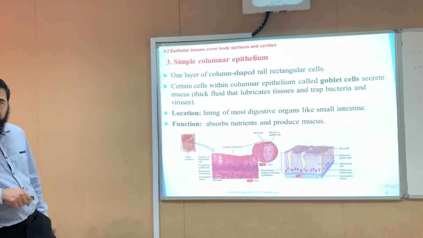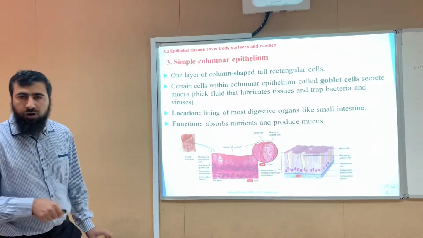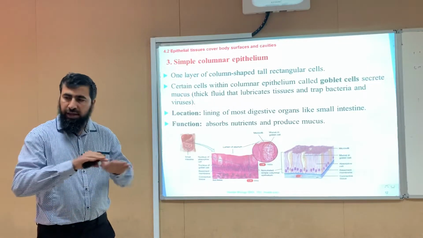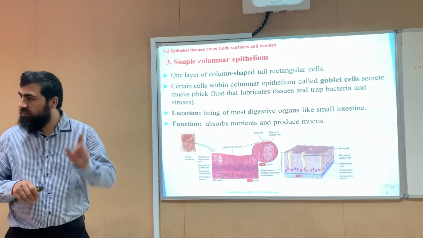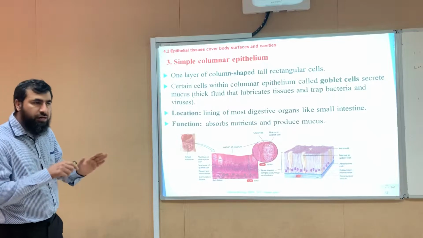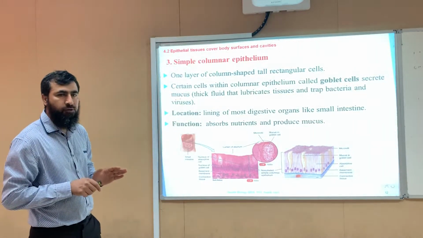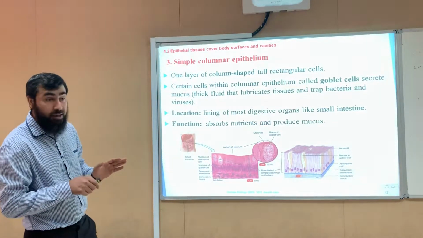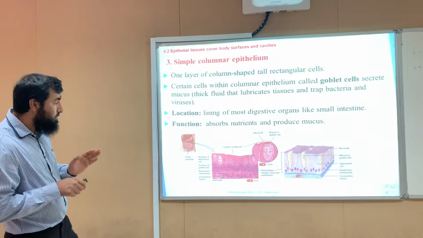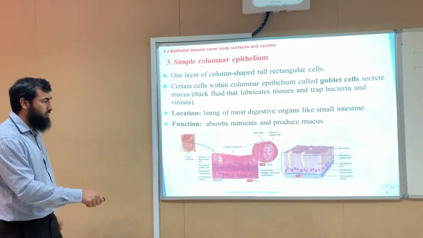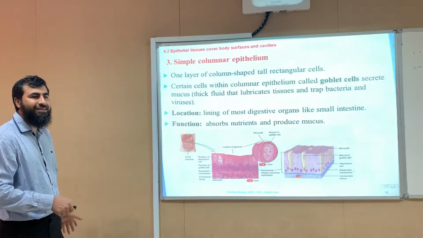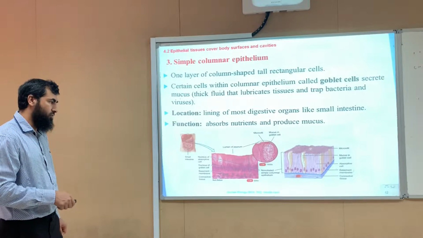Unlike the pseudostratified, where not all the nuclei are on the same level and not all the cells face the free surface, okay? So that's how we differentiate between the two types of tissues, because they look very similar when you look at them. The defining feature is the level of the nuclei and whether the cells are facing the free surface or not, okay?